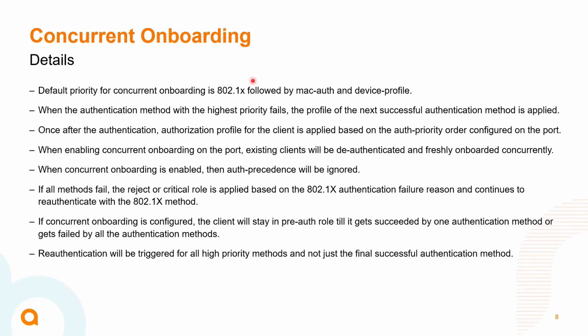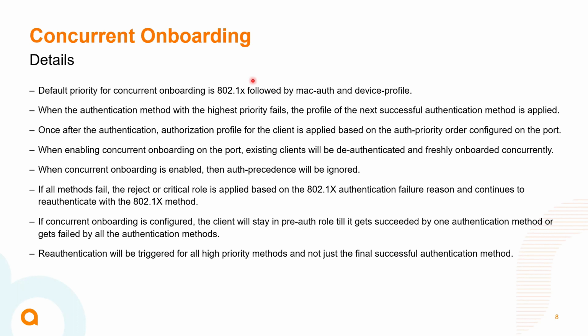Port access onboarding method concurrent enables all authentication methods to start concurrently for faster onboarding of the clients. The default priority for concurrent onboarding is .1x, followed by MAC auth and then the device profile.